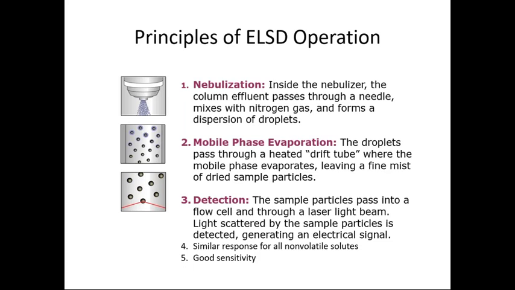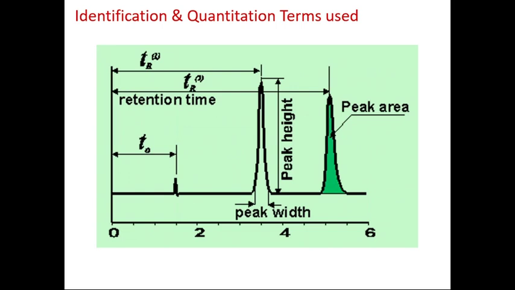How do we identify analytes in a chromatogram? Just like how you and me have got names, the compounds are identified by their retention times. So the retention time is the time taken for the peak to elute here. And the height of the peak is measured, and peak width is the distance from here to here, and this area which is shaded is known as area under the curve or area under the peak, which can be used for calculations.